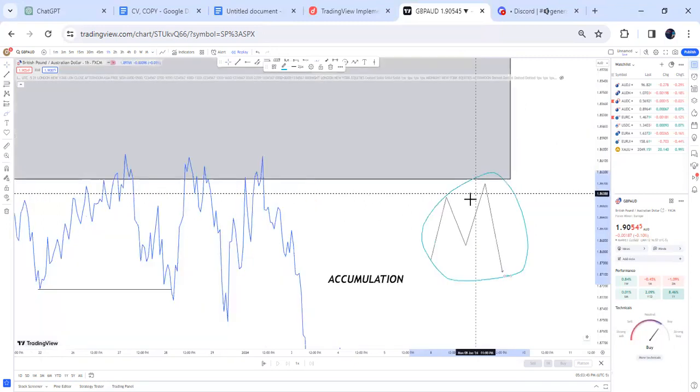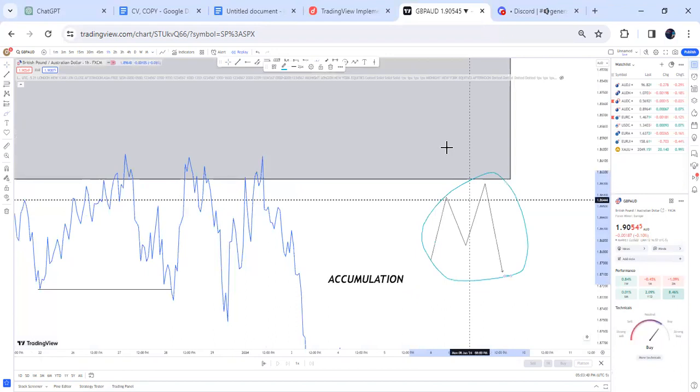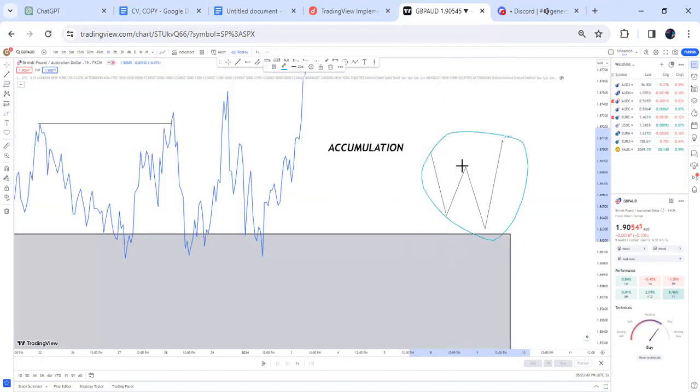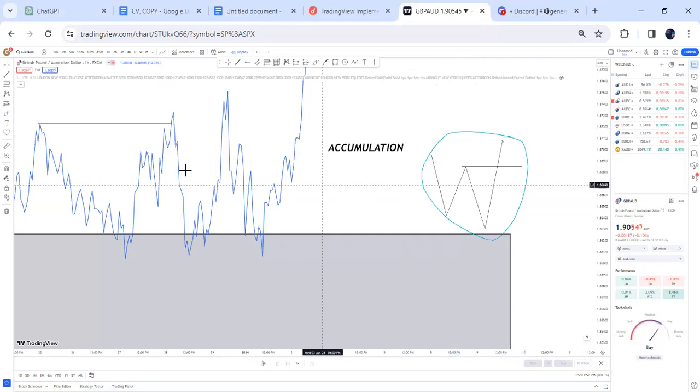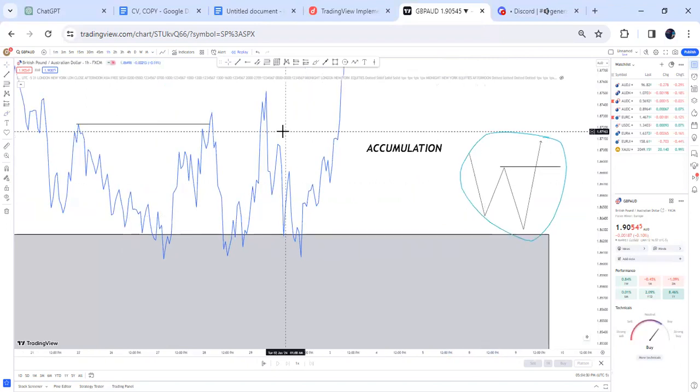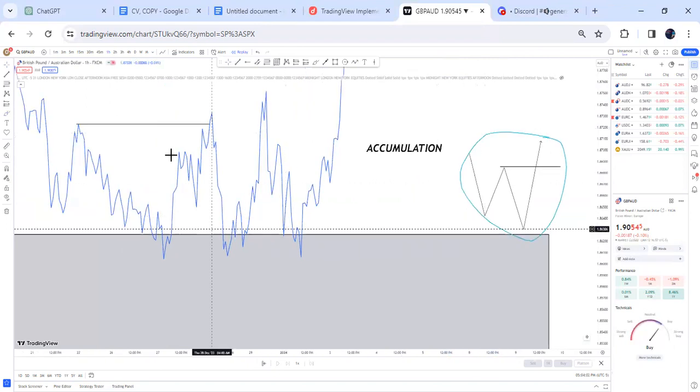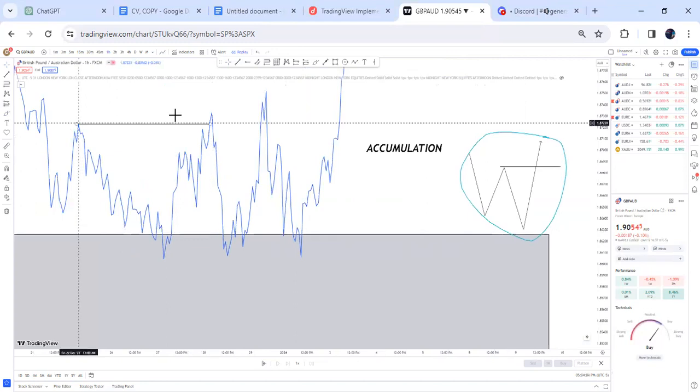This is distribution. Okay, I'm trying to be as simple as I can on this. All right, this is what an accumulation is. So that is what we had here. We had this break of structure, right? And then that is the accumulation.